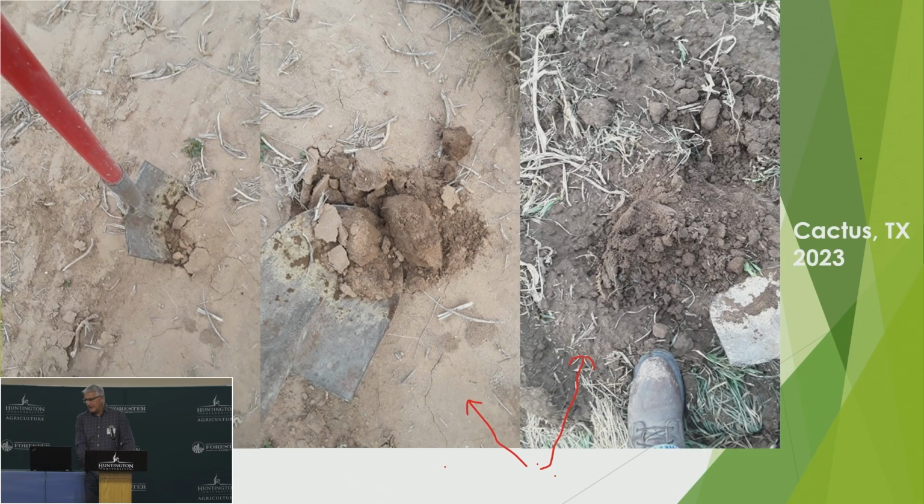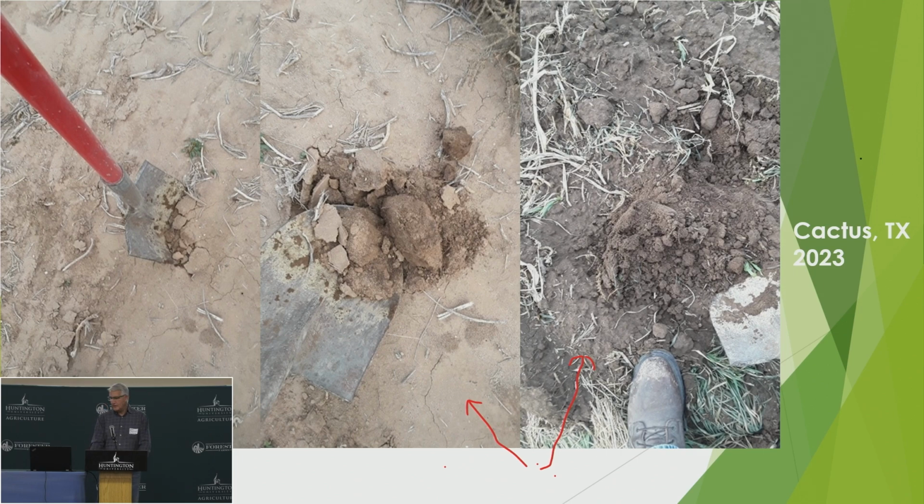This is from the state of Texas, in the Panhandle, Cactus. We have a dealer down there, and this is the change he made in a soil in 1 year's time. We've got one pivot that was treated and one that wasn't, and they're literally just several feet apart from each other.